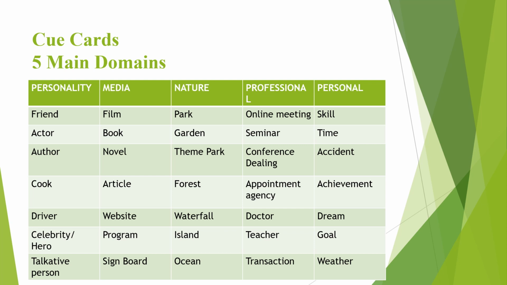If they're asking you about the professional domain, it can be any online meeting, any seminar, any conference, any appointment agency, a doctor, a teacher, or any transaction. And if it's related to the personal domain, it can be any skill, time, accident, event, achievement, your dream, any other person's dream, any goal, weather, or anything.